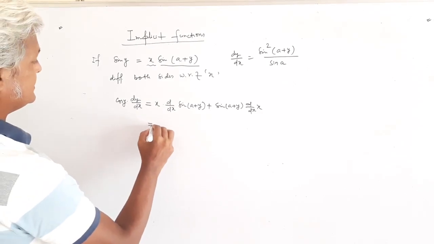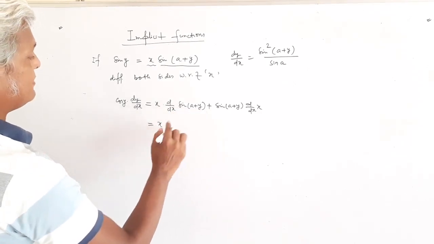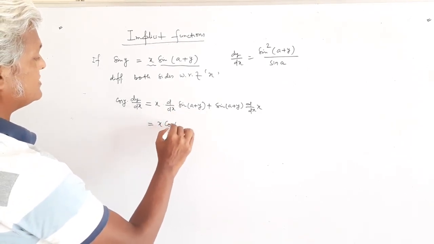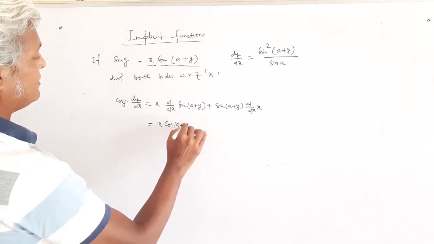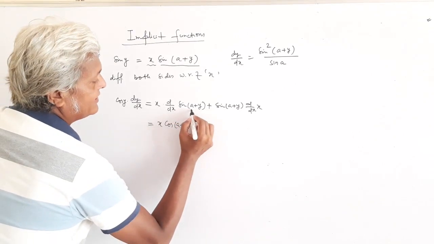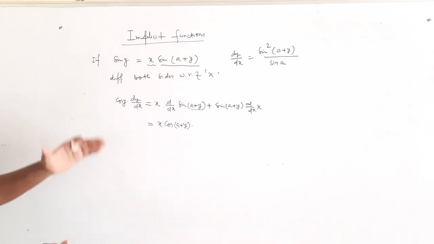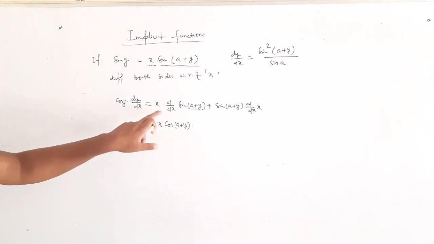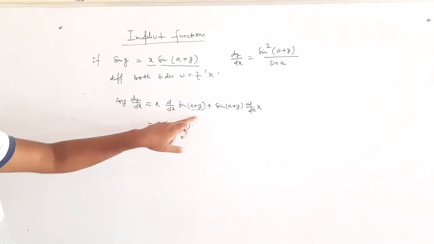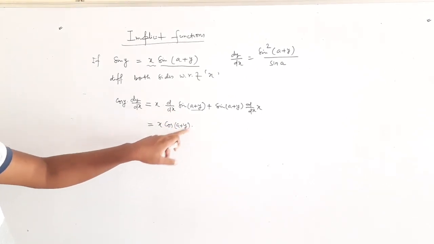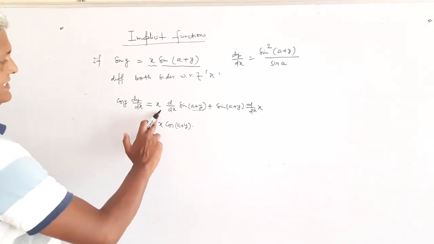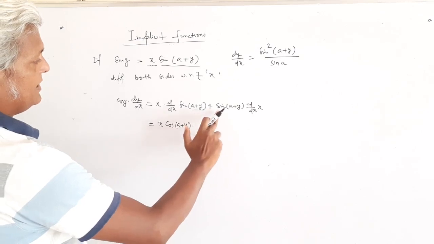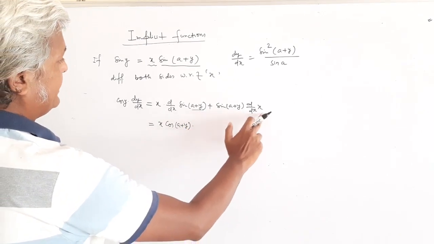So this is x, the differentiation of sin(a + y) is cos(a + y), and then we have to find the differentiation of a + y. As I discussed in the last video, d/dx of sin of something is cos of something times the differentiation of that something. So x dy/dx, plus sin(a + y) d/dx of x.